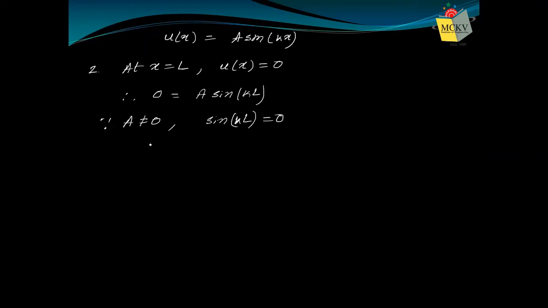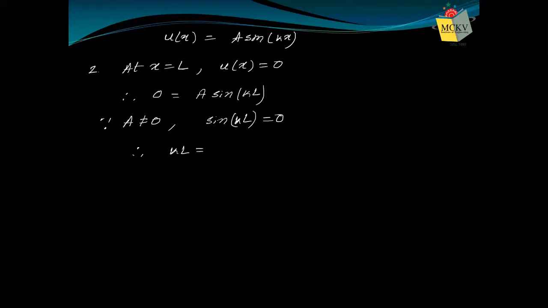If sine kL is 0, then what is kL? Say sine theta equal to 0. Then what could be the value of theta for which sine theta is 0? It can be 0 or 180 degrees or 360 degrees, and the process continues. So in other words, we can say that kL equals n pi.